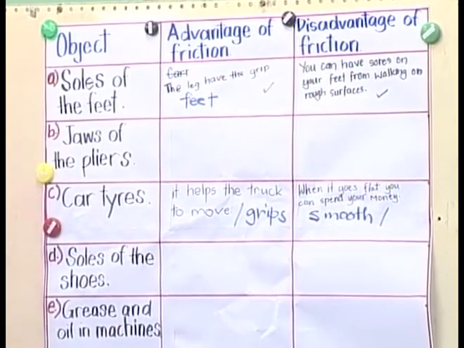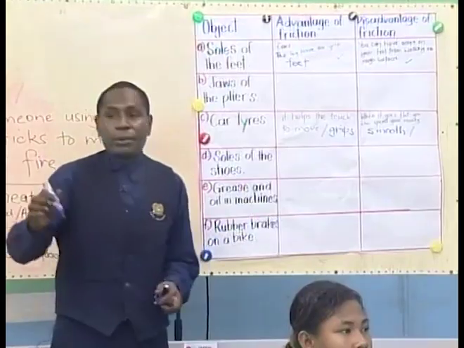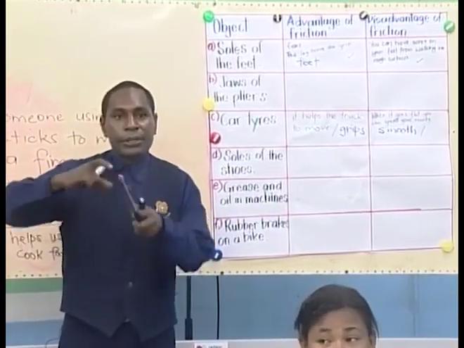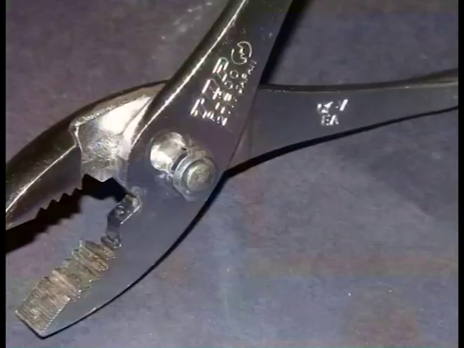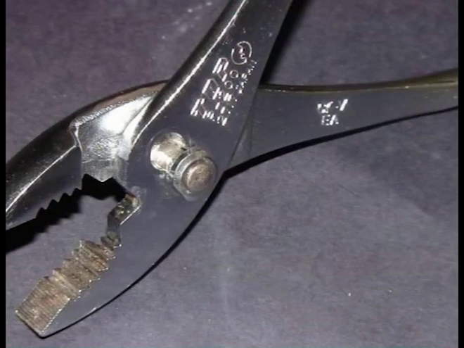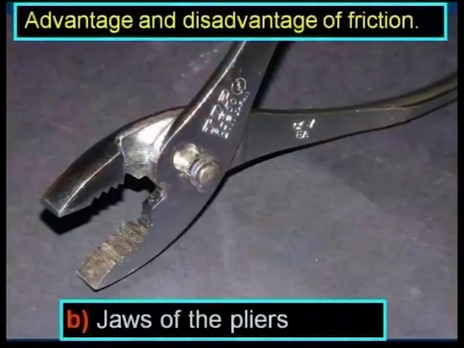Right, jaws of the pliers. Can we have one? What does the jaw of the pliers do? It has grips that take things, twist out things.